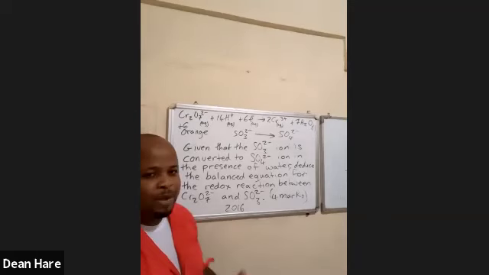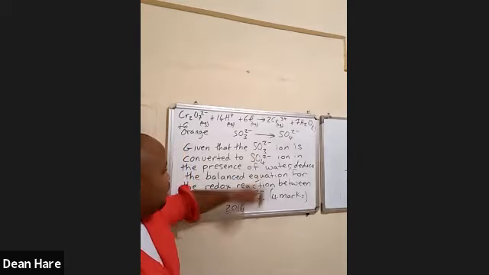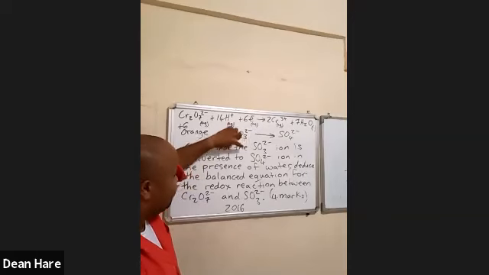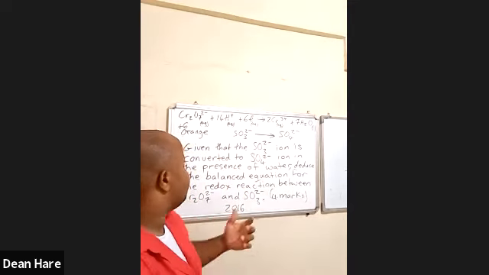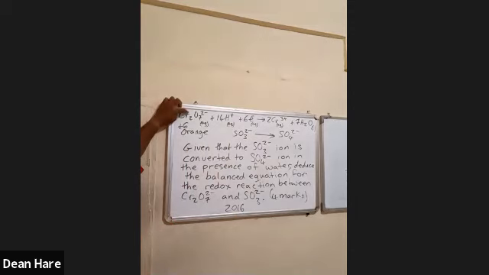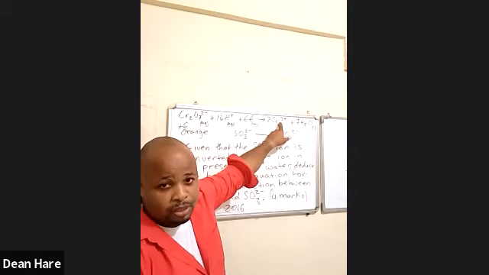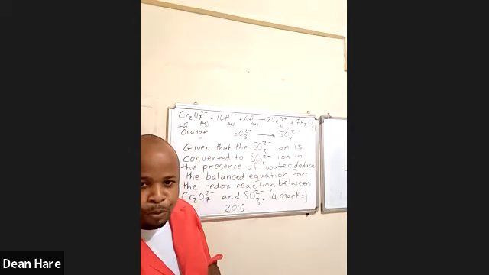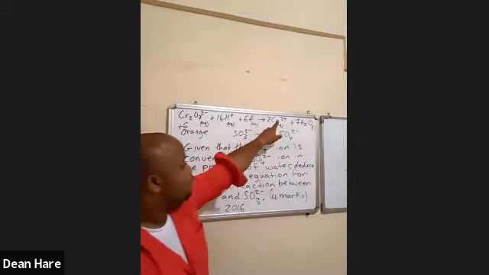Sir, are we going to get the half equation, or we're supposed to write it? No, you would have to write it, but they basically told you the half equation. Because what they are saying, right? They told you that the sulfite ion is converted to the sulfate. So remember, this is a redox reaction. If they had said the dichromate ion is converted to the Cr3+ state, what that means is that during the process of the reaction, this ion was reduced to the 3 plus state.